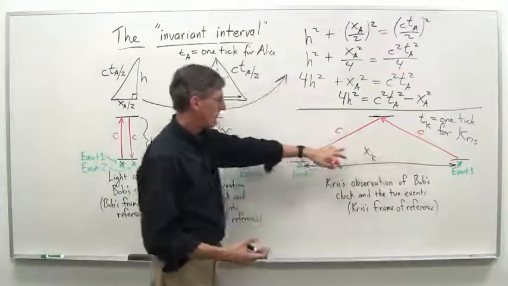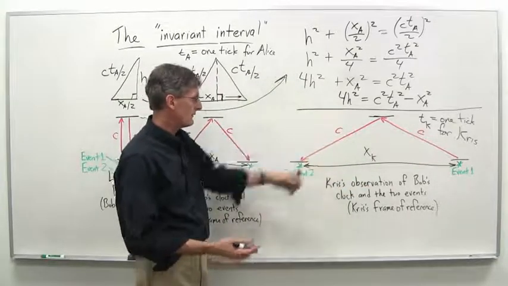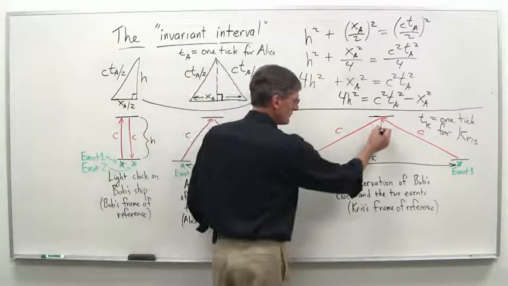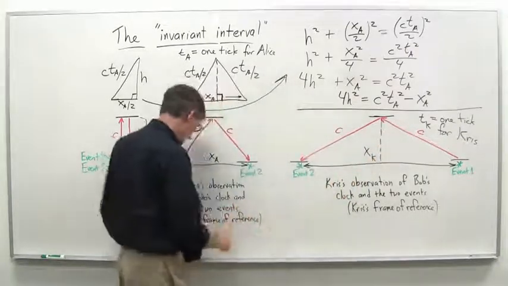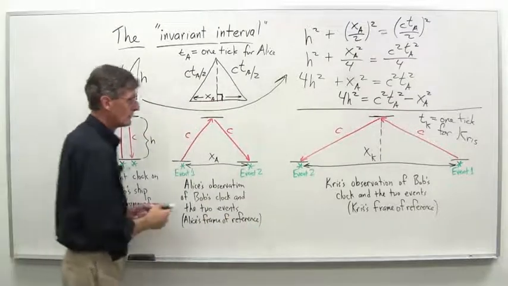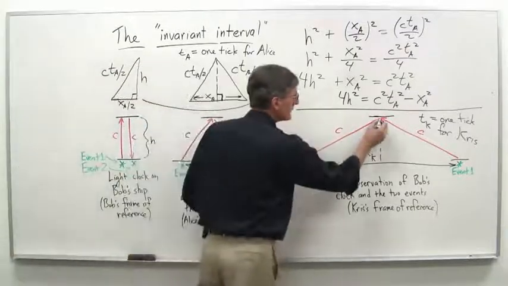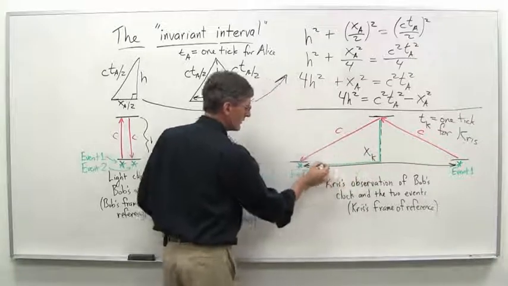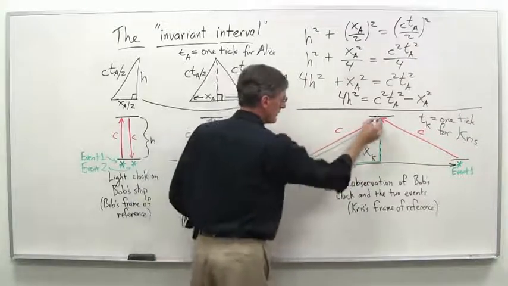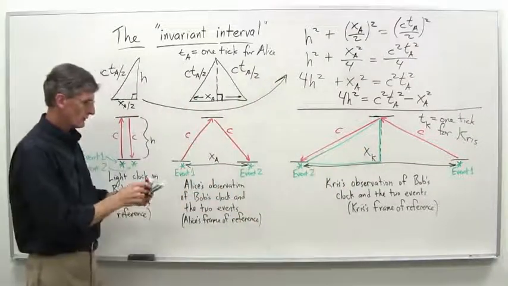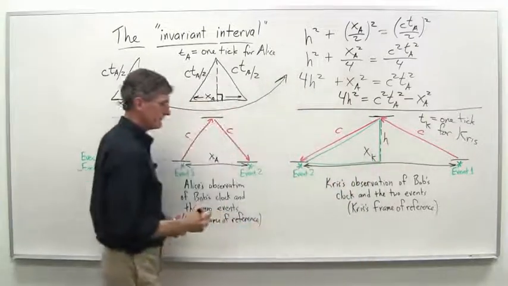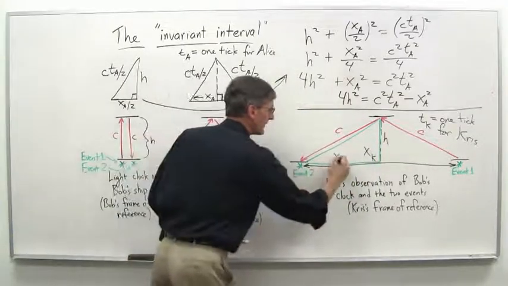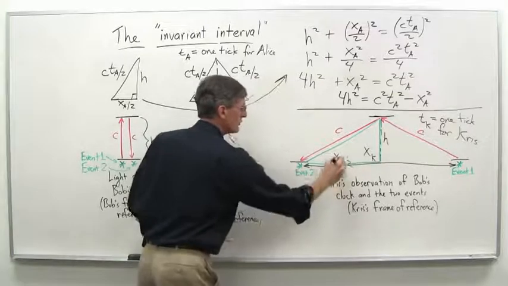But we have the exact same triangle. Again, we can split this in two. This whole thing was x sub k. So the triangle we're going to be looking at here, we'll do it in green just to show it there, is roughly that triangle. Here's the height, which is the same. This becomes x sub k over 2.